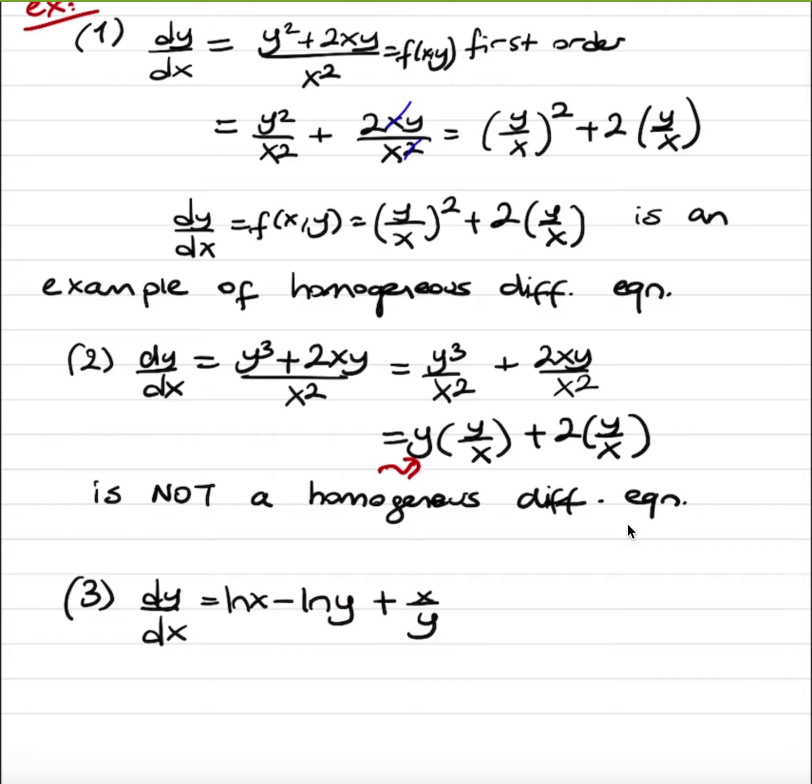Here we can use the properties of the ln function. So we know that ln x minus ln y we can write like this, plus x over y. So dy over dx is equal to this, and we write the function f as a function of x over y.